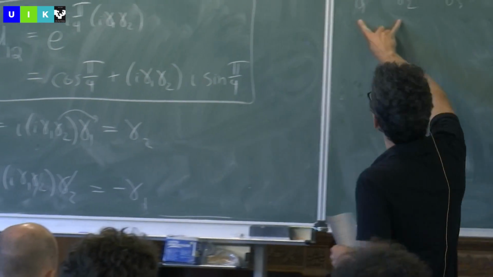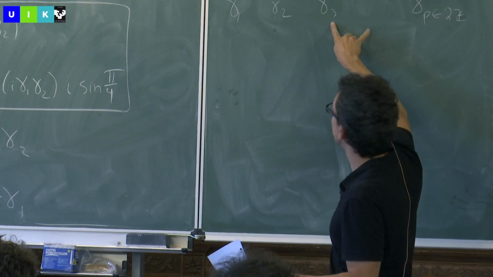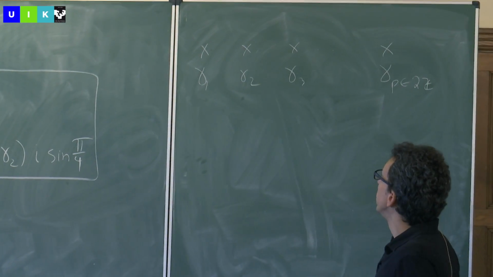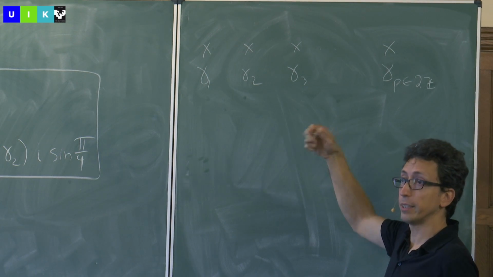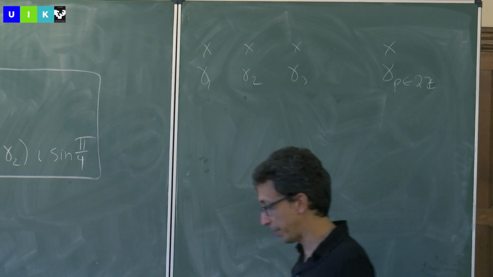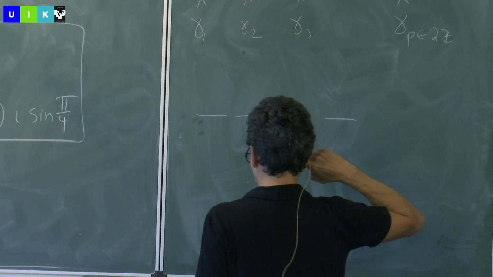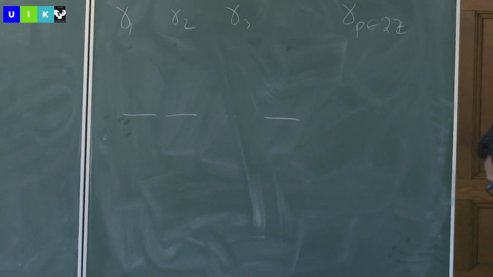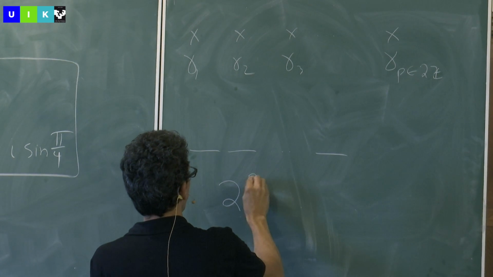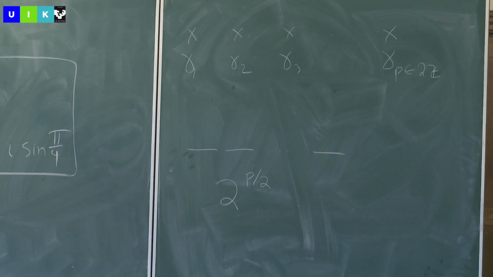So for instance, these 2 could define a fermion gamma 1 plus i gamma 2. The next pair could define another fermion gamma 3 plus i gamma 4, and so on. Each pair will give us a 2-level system, which can be filled or empty without changing the system's energy. And in general, if we have p of these Majorana zero modes, that'll give us a ground state degeneracy consisting of 2 to the p over 2 states that are locally indistinguishable from each other.